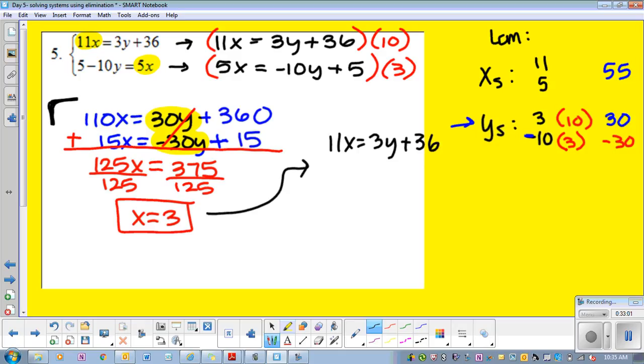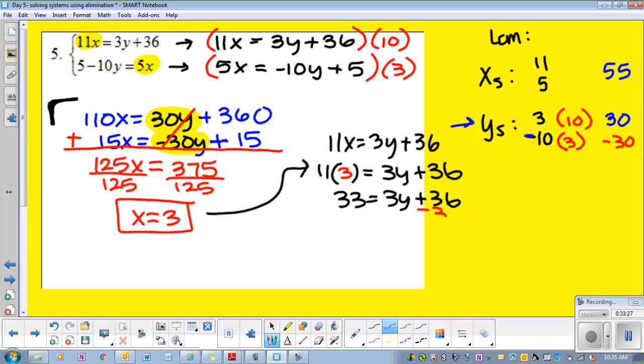Alright, now I'm going to plug in the x. 3. 33 equals 3y plus 36. Subtract that 36.